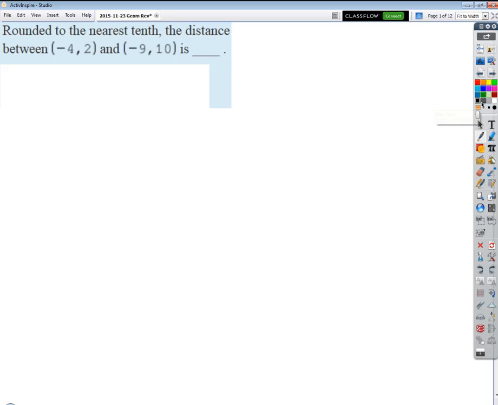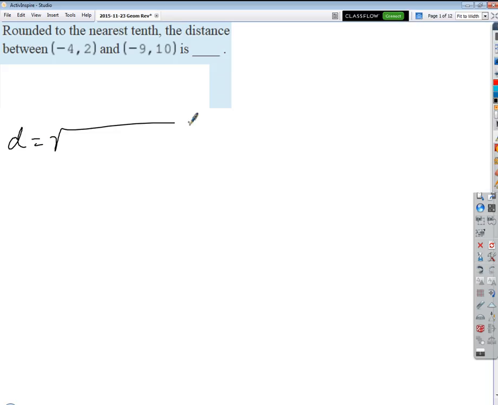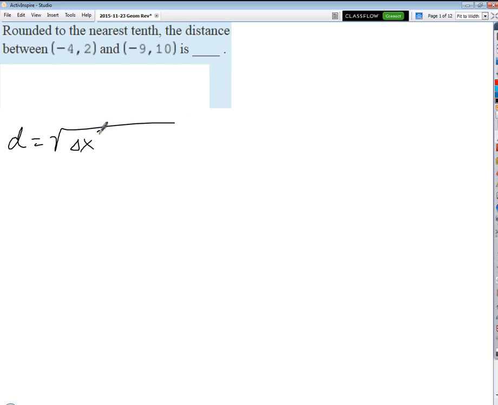Distance formula. We're going to use it forever. You just need to know how to do it. So our distance formula, we know, is just what? Square root of, good, delta x squared plus delta y squared.